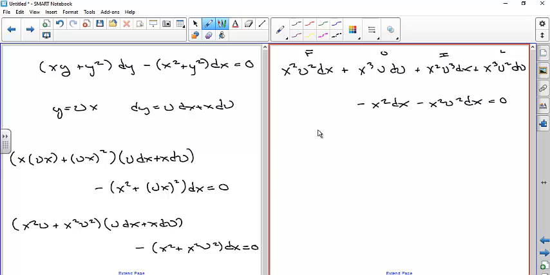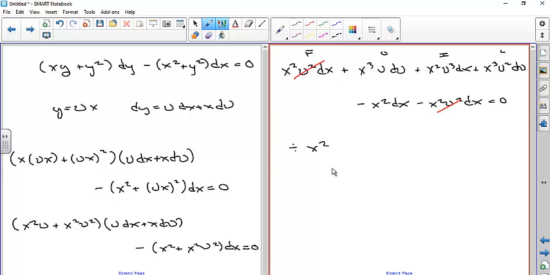Let's see if there's anything, do we have any that are the same? Can we eliminate anything? Well, this one and this one are both x squared nu squared dx. This one's plus, this is minus, so those cancel out. And then I can divide everything by x squared, because all of these have at least x squared.